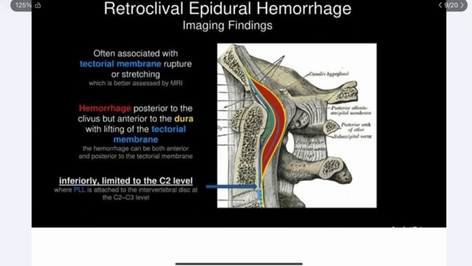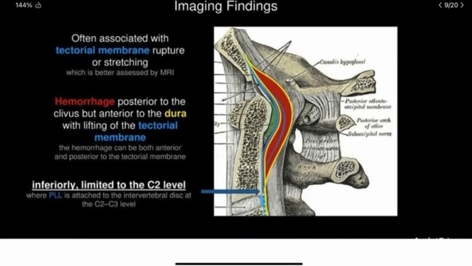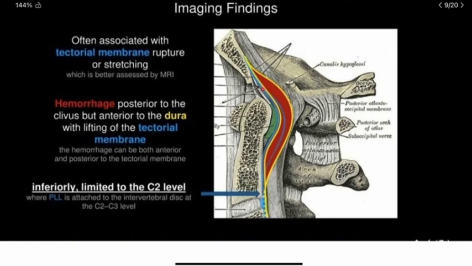Now, retroclival epidural hemorrhage. What happens? This hemorrhage is most common in children. In children, if there is any injury to the neck, a hyperextension or hyperflexion injury, this will lead to stripping or stretching of the dura mater, and during this process there can be injury to the basilar venous plexus or any veins which are present in close relation to the clivus.